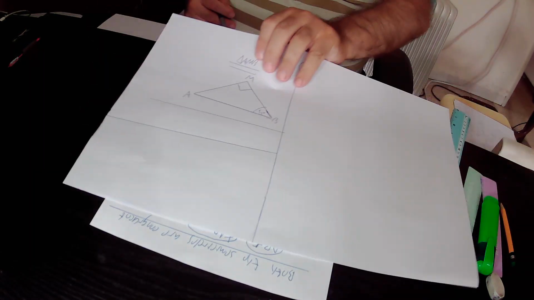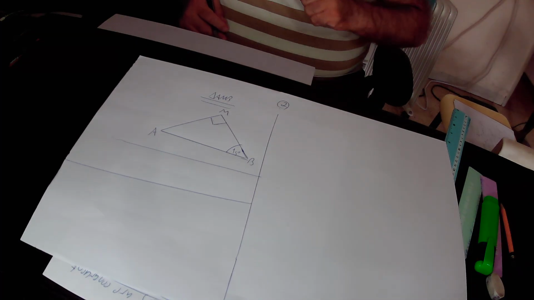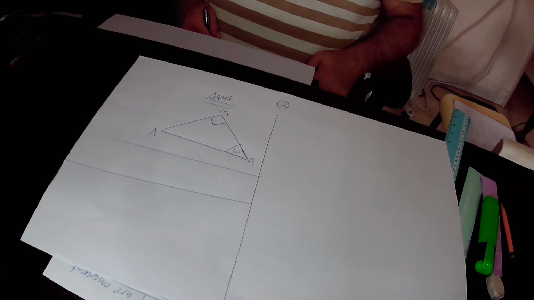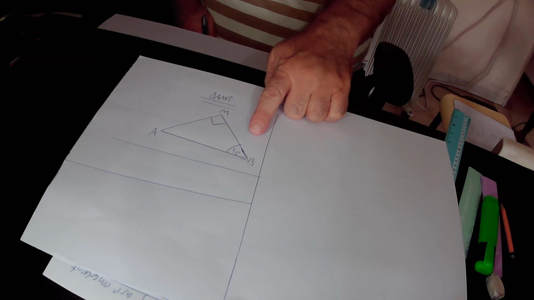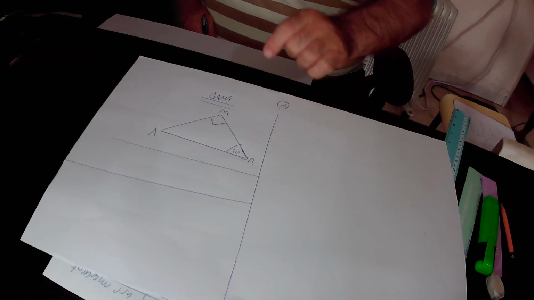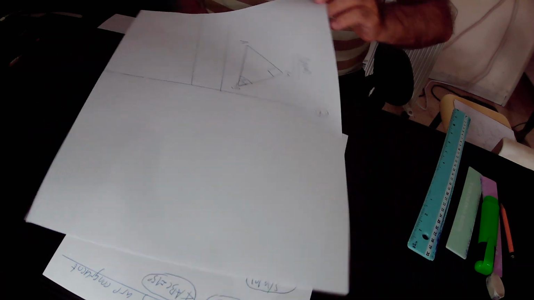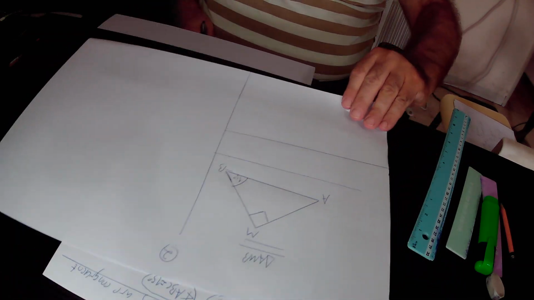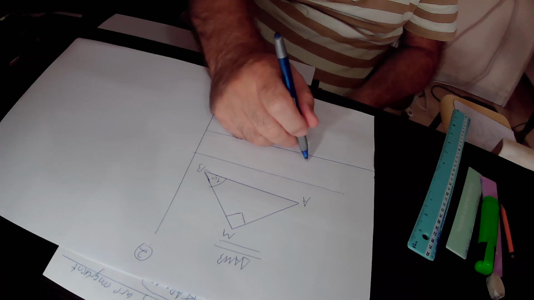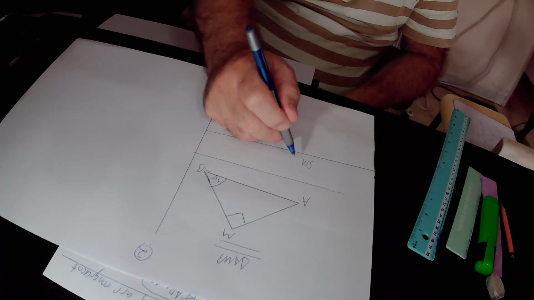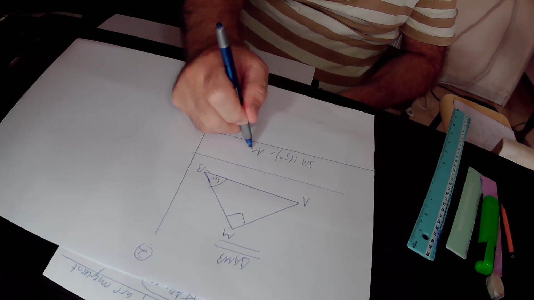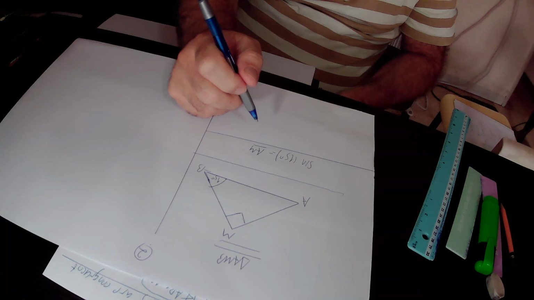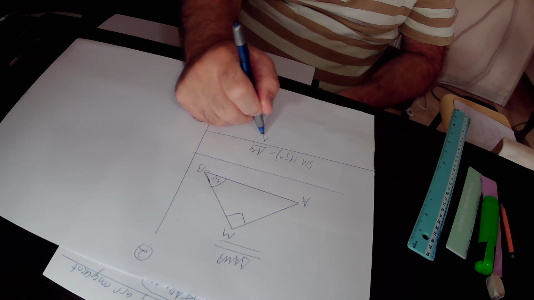This is right triangle AMB, copied from the original drawing. Sine 15 degrees equals AM over AB.